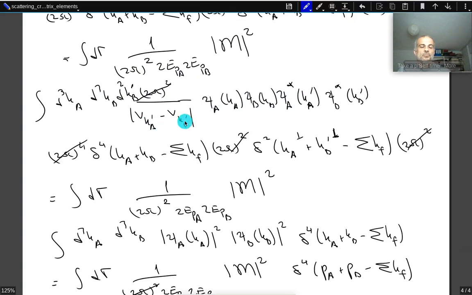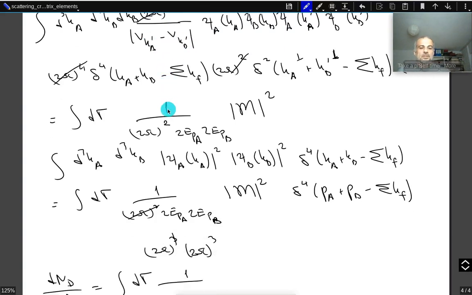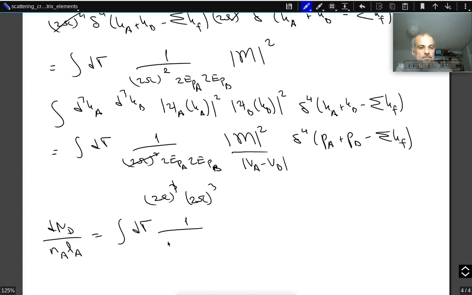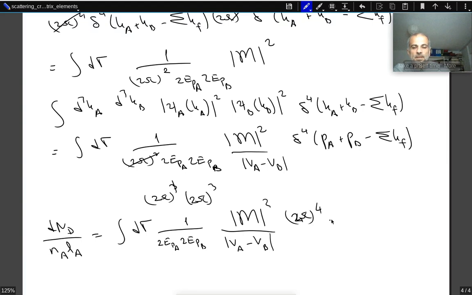Wherever I see a ka prime or kb prime, I put pa and pb, so divided by |va minus vb|. 1 over 2E_pa, 2E_pb, and then I have M squared divided by |va minus vb|, and then I have (2π)^4, and the 4-dimensional Dirac delta of pa plus pb minus the sum over the final momenta.